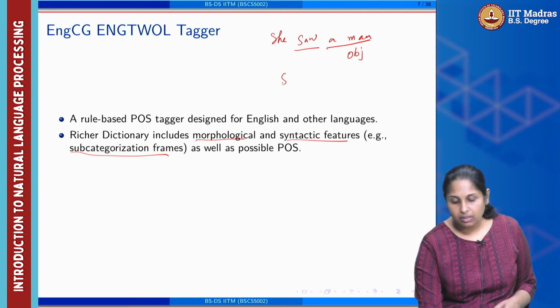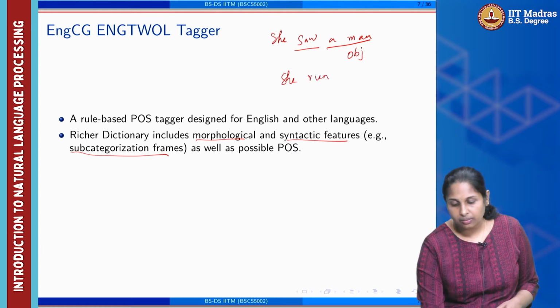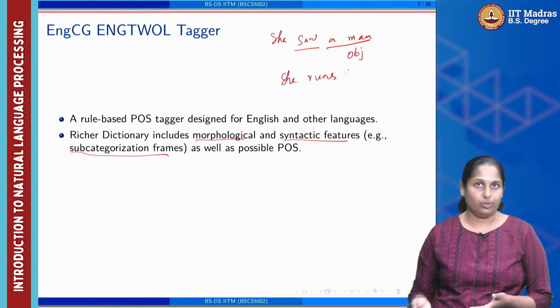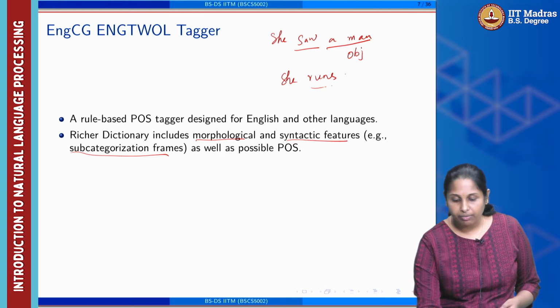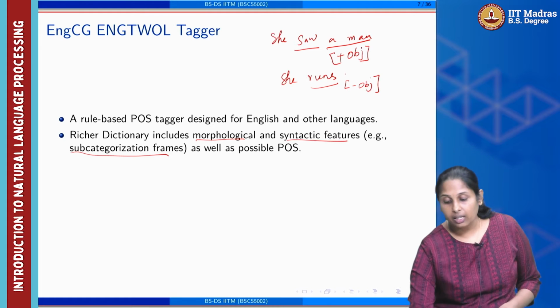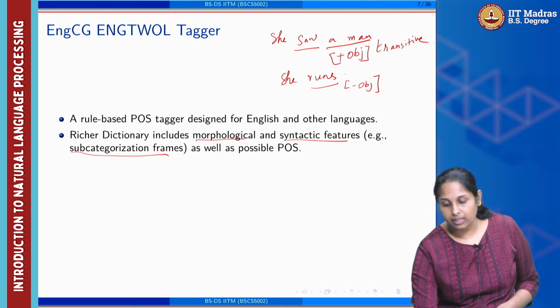But when the sentence is like she runs, it doesn't require an object, right? So this kind of verb is a minus object kind of verb, whereas the other kind are plus object verbs. Technically we call these transitive verbs, whereas the others are intransitive verbs.